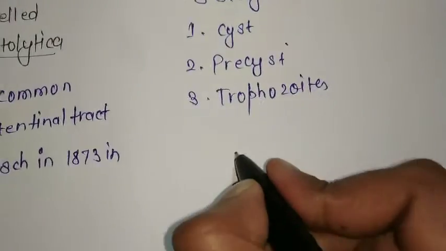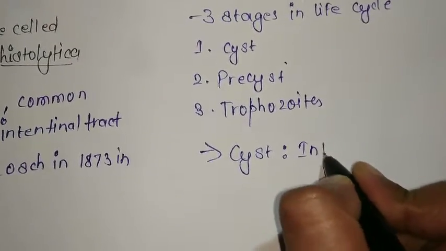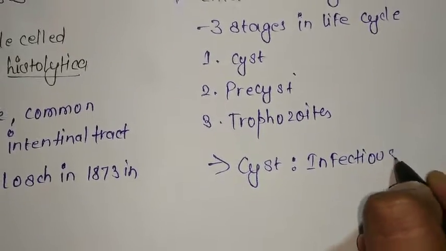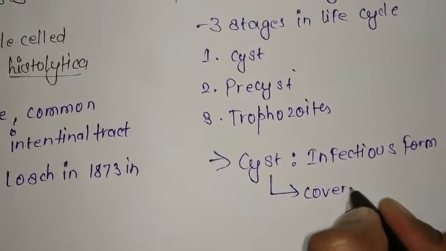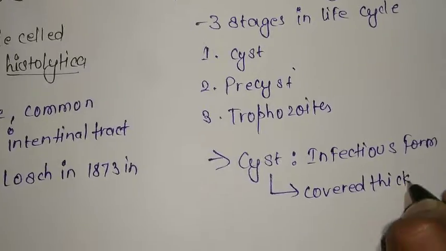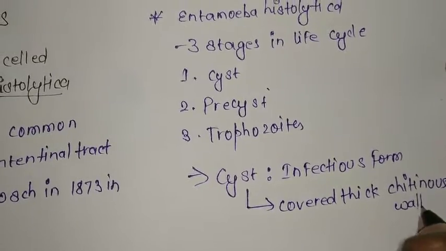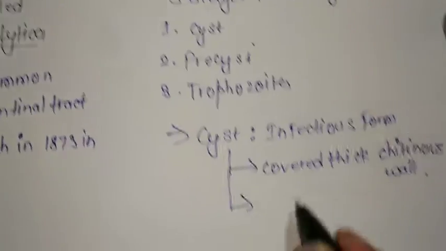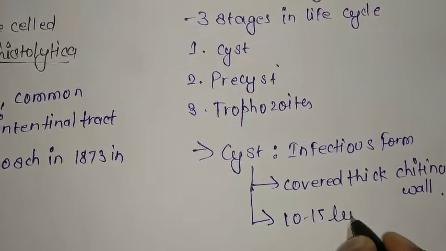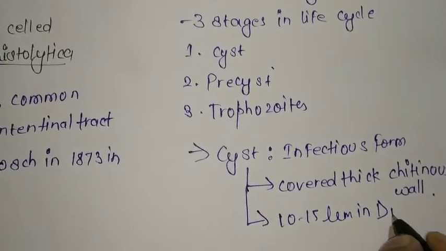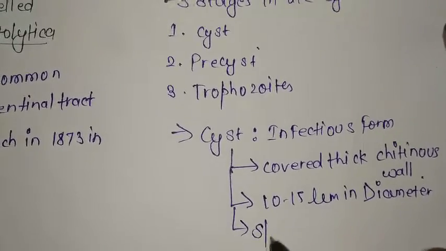Here, this cyst is one of the infectious forms. It is covered by a thick chitinous wall, and the size of the cyst will be 10 to 15 micrometers in diameter, with a spherical shape.